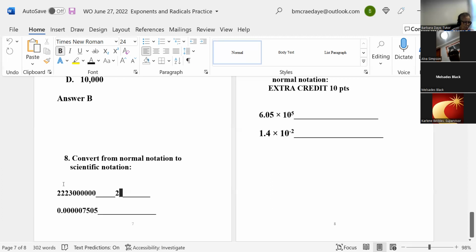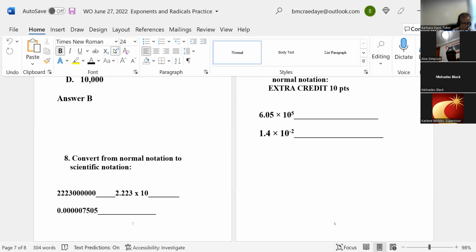It's going to be between the first 2s, so this becomes 2.223. Then times the 10. And how many places did you move it, Alva? Just count the digits to here. 1, 2, 3, 4, 5, 6, 7, 8, 9. That's it. Very good. So that would be a 9.